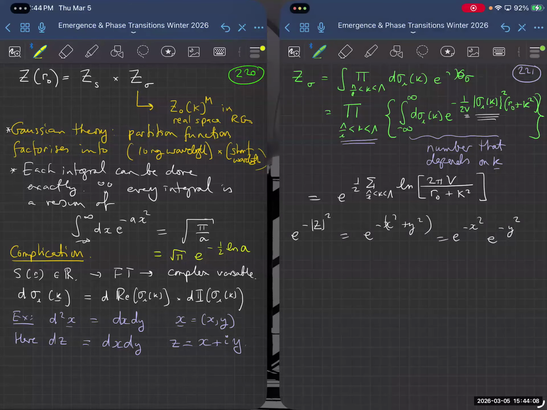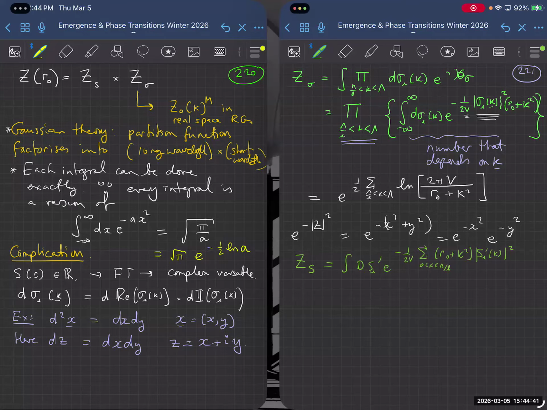So then it is clear that now I can ask what is ZS? And that's just going to be the integral ds prime e to the minus 1 over 2v, the sum from naught less than k less than lambda over L of R naught plus k squared times S_L prime of k squared.